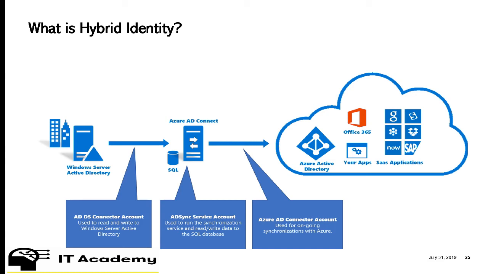Before we discuss how to configure Azure AD Connect, it's important that we understand what hybrid identity is. Essentially, many organizations will already have a Windows Server Active Directory domain, typically in their on-premises environment, although domain controllers can be hosted in Azure.